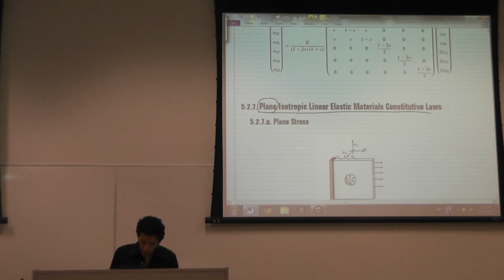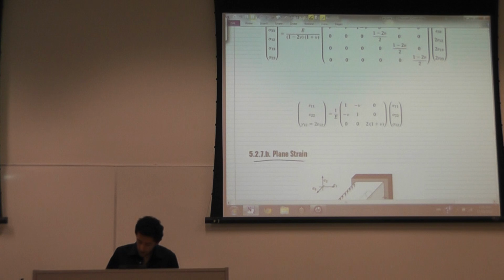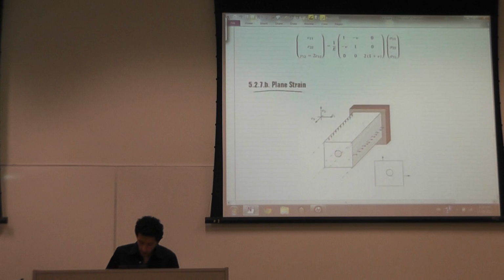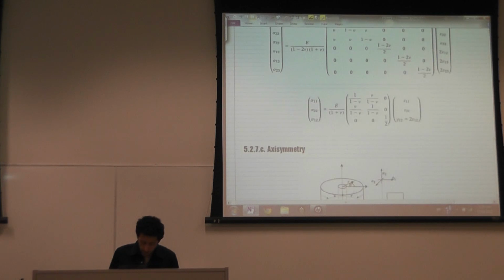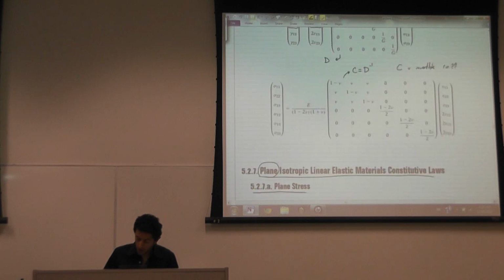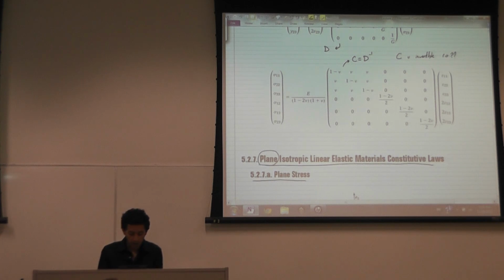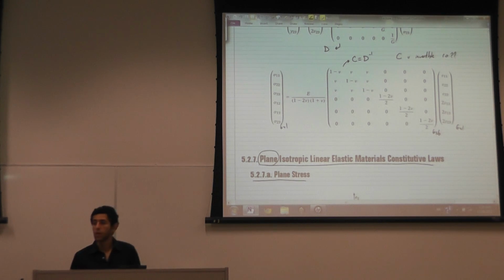I have the assumption of plane stress, the assumption of plane strain, and the assumption of axis symmetry. These three assumptions allow me to reduce the unknowns. Instead of having 6 by 1, 6 by 1, and 6 by 6, I make this into 3 by 1, 3 by 1, and 3 by 3. So it makes that relationship small.